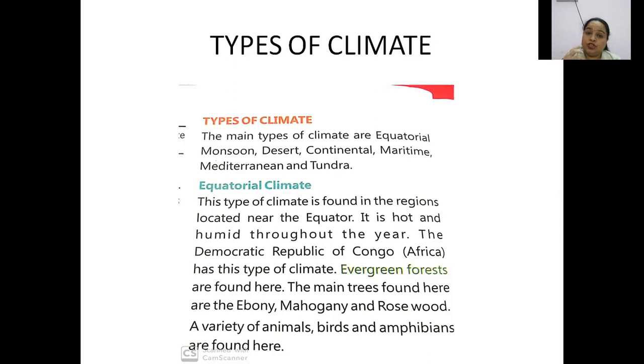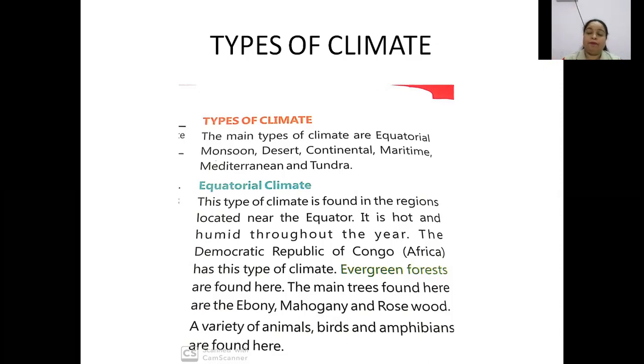Due to the heat of the sun, what will happen? The water will evaporate. Because the water is evaporating in a very high quantity, the clouds are forming, and the clouds cannot bear such an amount of water.